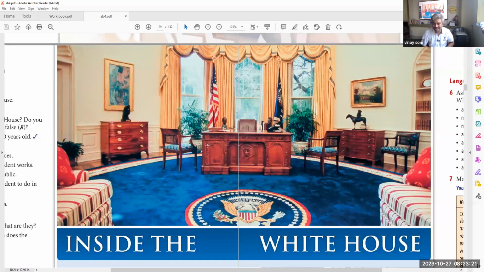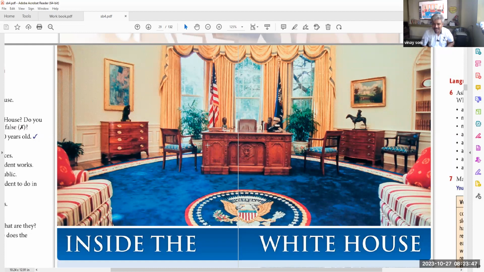What can you see? There are big windows. What can you see? There are two beautiful paintings on the walls. Two flags.